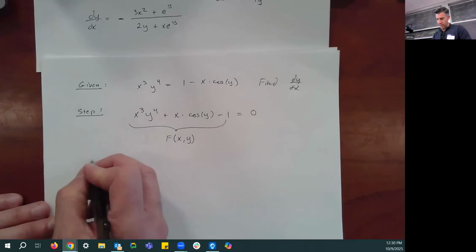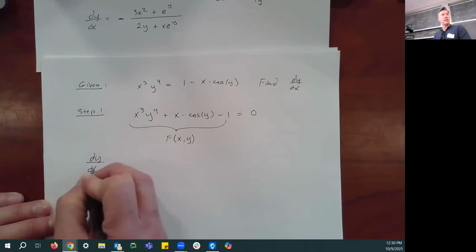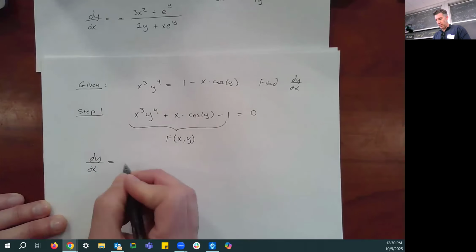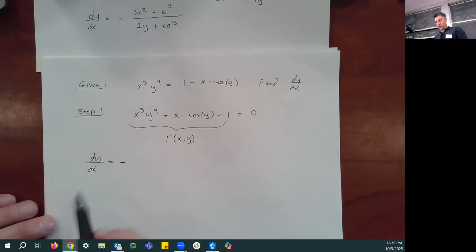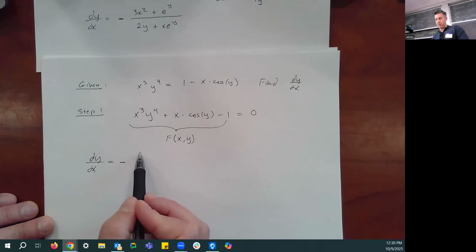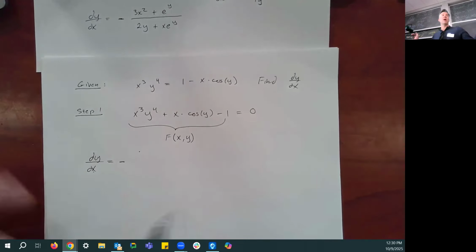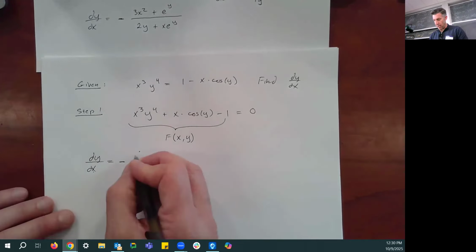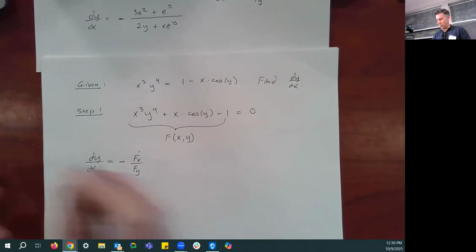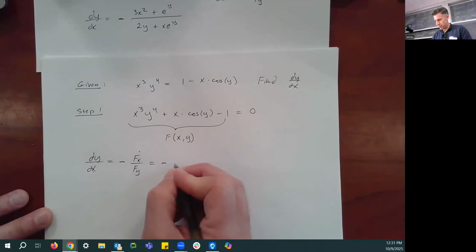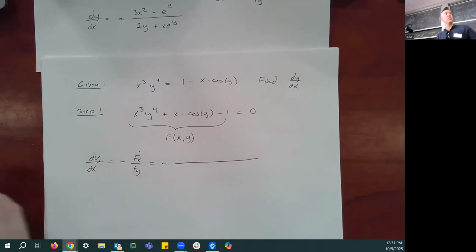If I'm trying to find dy dx, it's going to be the negative of fx over fy, meaning whichever variable is on the bottom here ends up on the top over here. Whichever variable is on the top here ends up on the bottom over there. It's always how it works. So it's going to be negative fx over fy. Why don't you all finish that one off? It shouldn't be too terrible. Then we'll do one more.